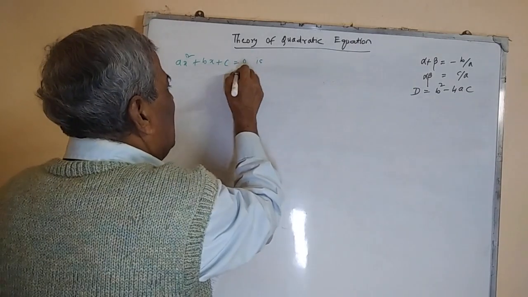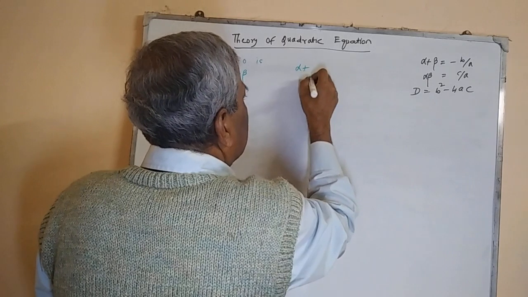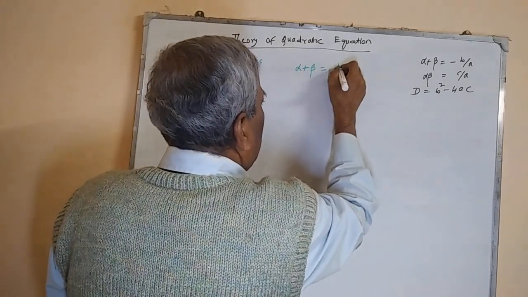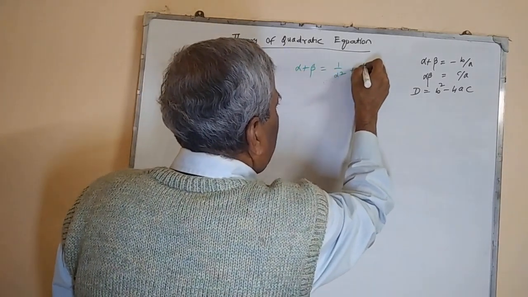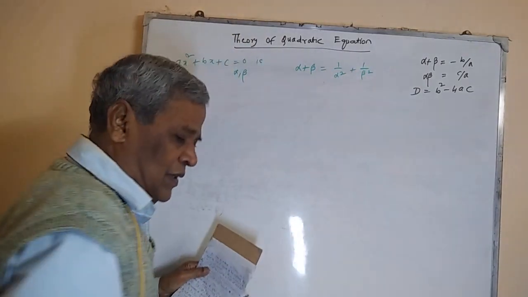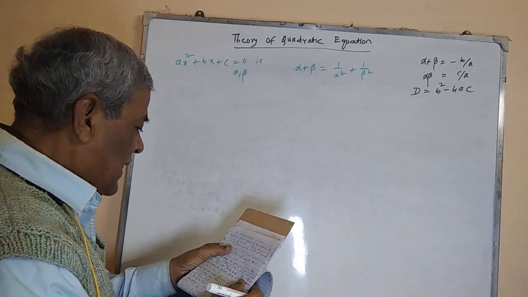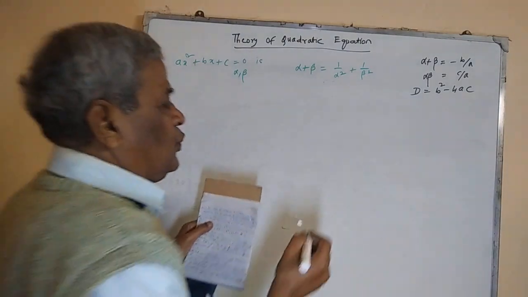That is, if alpha and beta are roots, then given that alpha plus beta is equal to the sum of the squares of the reciprocals of the roots, which one is true?